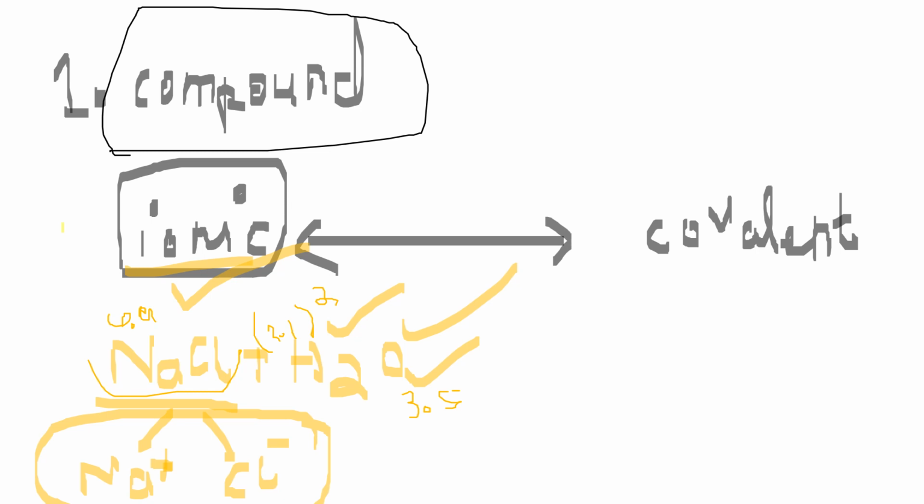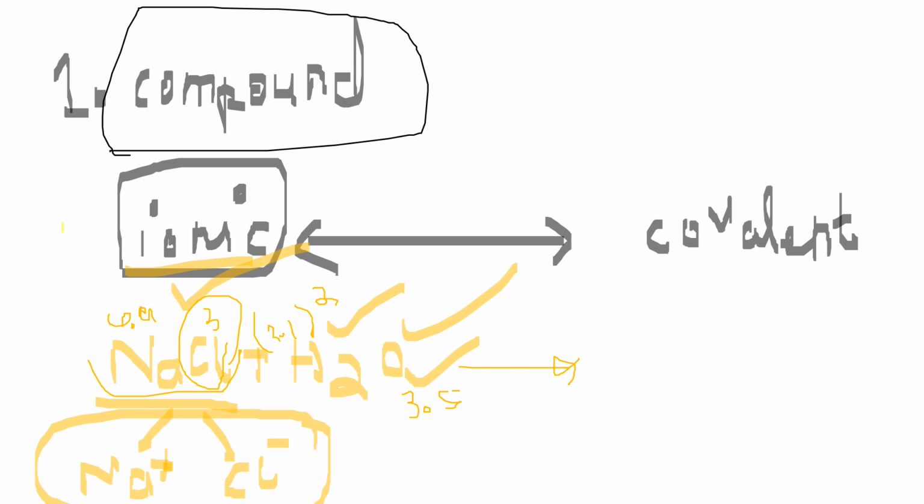And the electronegativity of the chlorine is basically 3. So what will happen? Actually, the Cl is attracted towards the hydrogen, while the Na is attracted towards the oxygen.